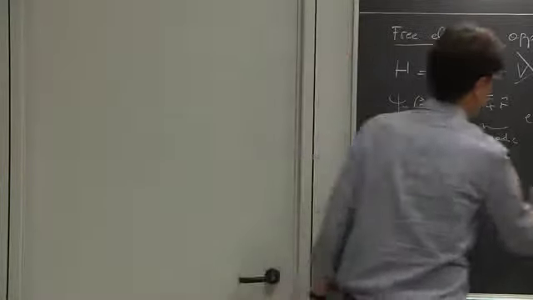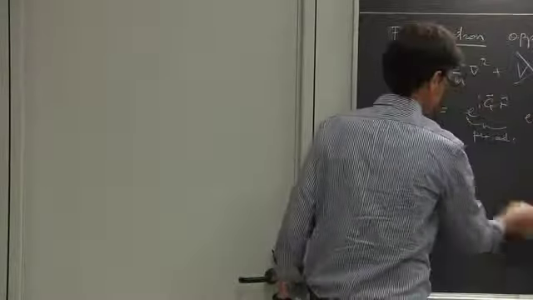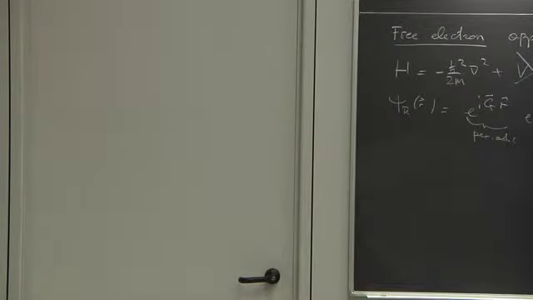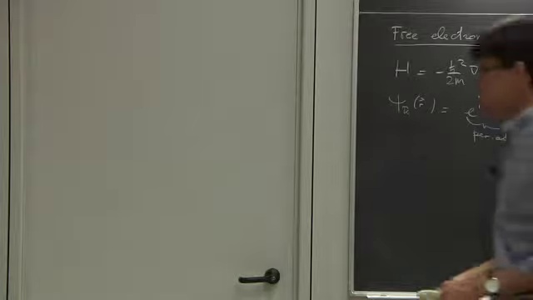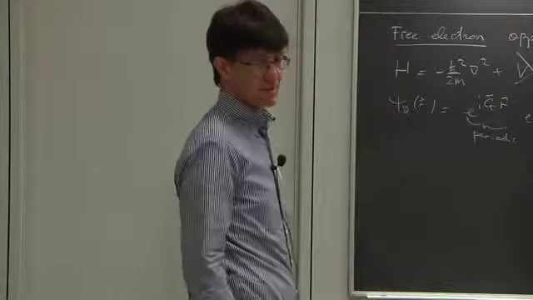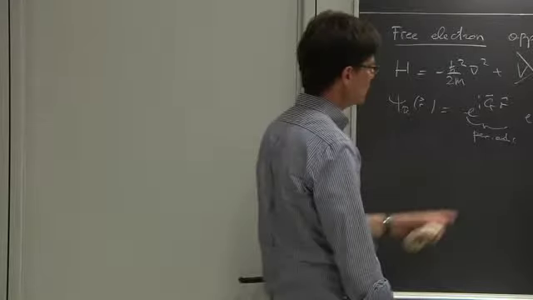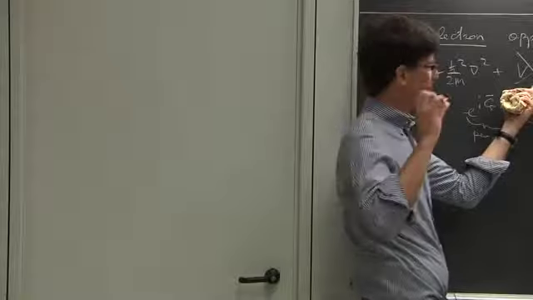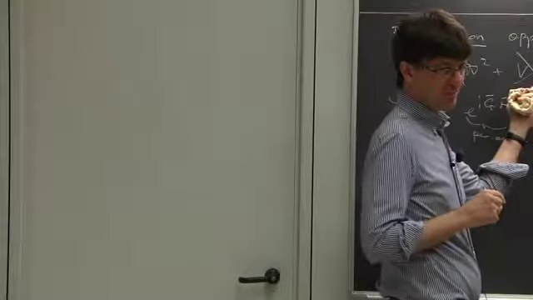What I'm going to do now is move a little bit further and say, instead of having a pure free electron approximation, let me introduce a weak, small, perturbatively small potential.